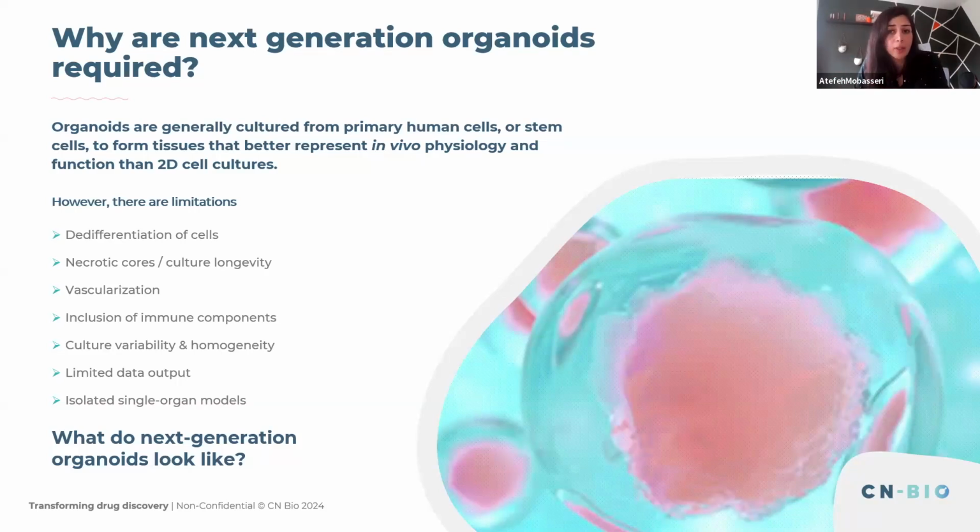They provide valuable insight for a diverse range of applications, but similar to any other methods and models, there are some limitations associated with them. Some of them would be the differentiation of the cells, the culture longevity, the isolated single organ models, and also the limited inclusion of complex components such as immune cells.